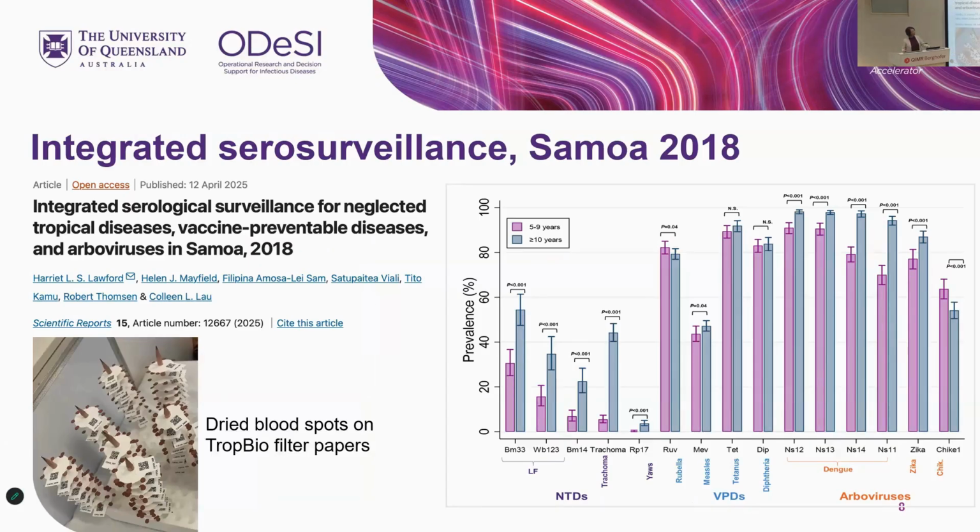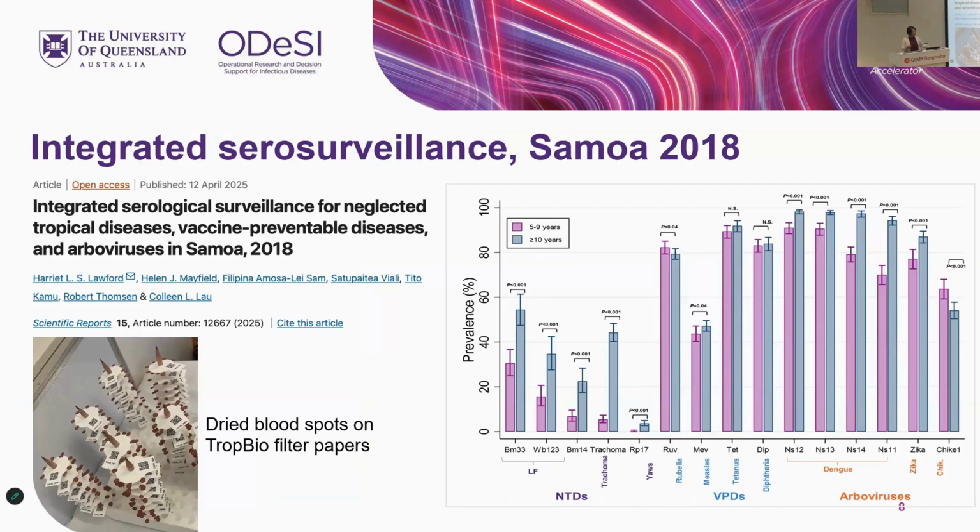Starting with Samoa, in 2018, we did a study for lymphatic filariasis, which is a parasitic infection and neglected tropical disease. The survey was designed to assess the impacts of a mass drug administration for lymphatic filariasis using rapid diagnostic tests that don't look too different to COVID RAT tests, but with blood instead of swabs.